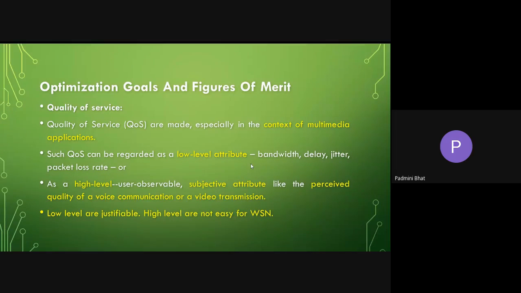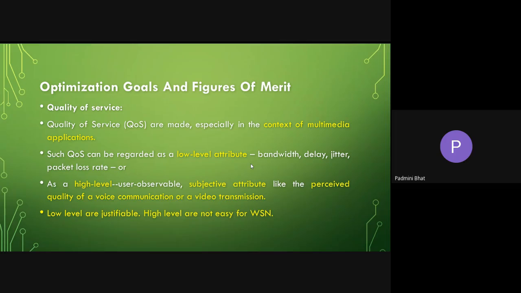Yes, I need to check if out of 1,000 packets I miss one packet, then I need not worry about that. In 10 packets, if I miss one packet, yes, I need to worry. My quality of service I need to reconfigure once again, because that is not acceptable. Out of 10 only 9 are received, one is lost.